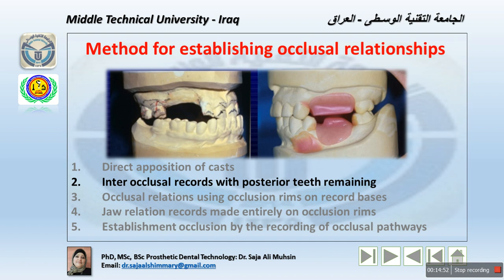Secondly, we have the interocclusal records with posterior teeth remaining. These teeth probably act as a lock to the intercuspation. This method is a modification of the first method, used when sufficient natural teeth remain to support the removable partial denture, for example in Kennedy class 3 or 4, but the relation of the opposing natural teeth doesn't permit the occluding of the casts by hand.